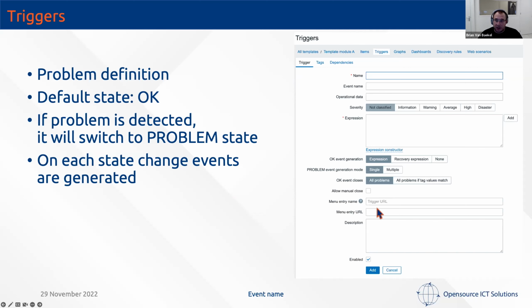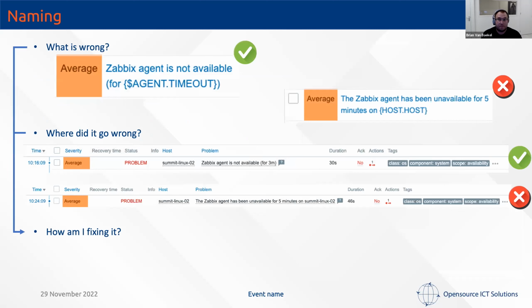If we look at this page here, we have a lot of different things that we can populate. And it starts once again with the name. And in my opinion, that name is important. When we have a problem within Zabbix, it is always looking at the name to see what's wrong. And we have a few different options again.